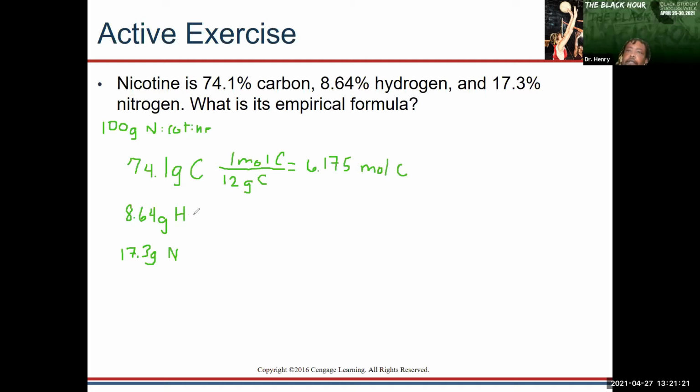Okay, hydrogen. What is the atomic mass of hydrogen?